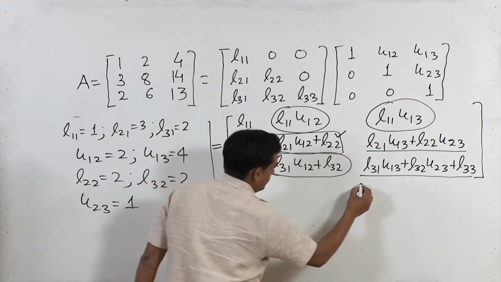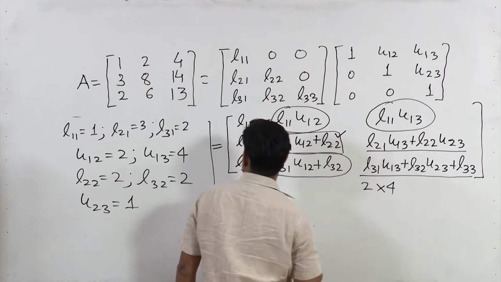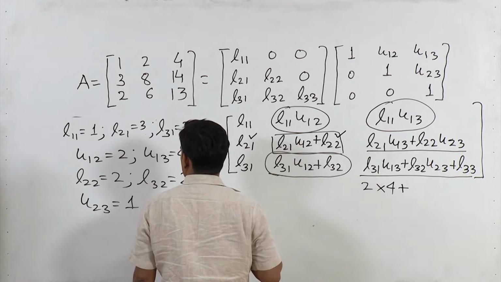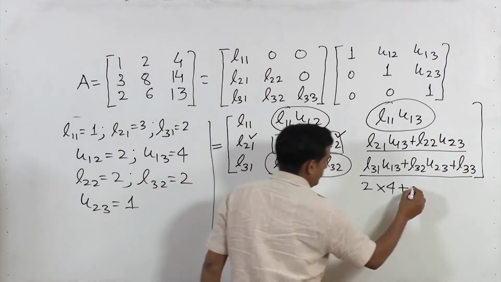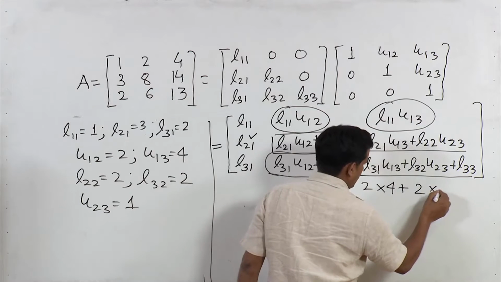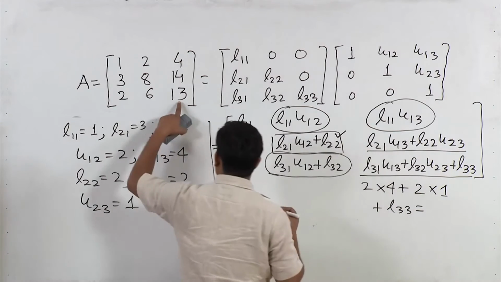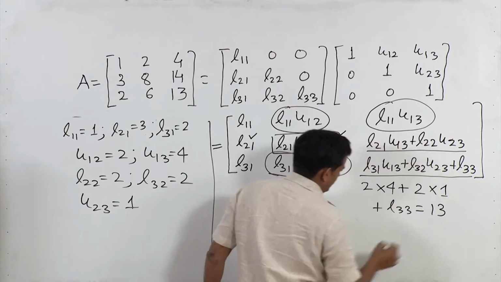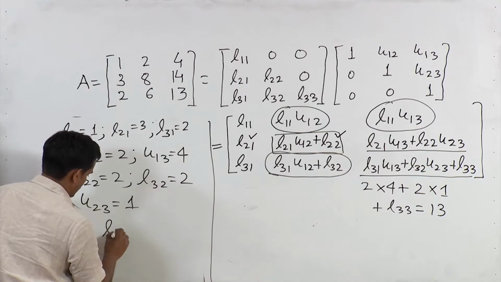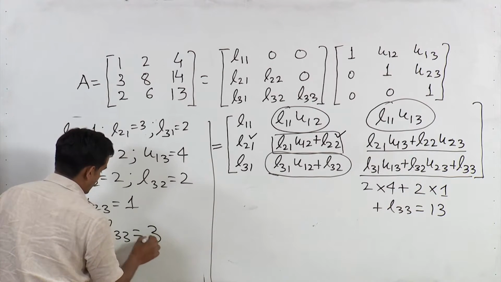It is 2 into U13, which is 4, plus L32 is 2 into U23, which is 1, plus L33 equals 13. So 8 plus 2 is 10. So from here I got L33 as 13 minus 10, that is 3.